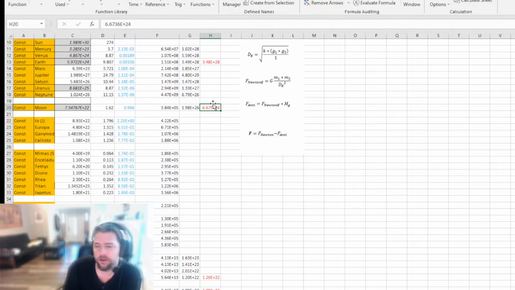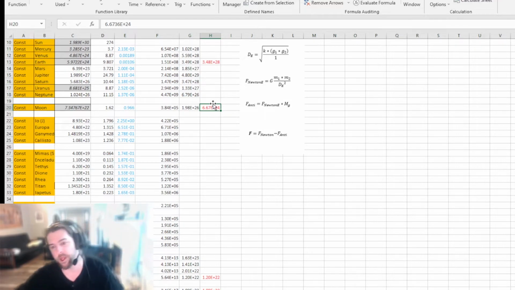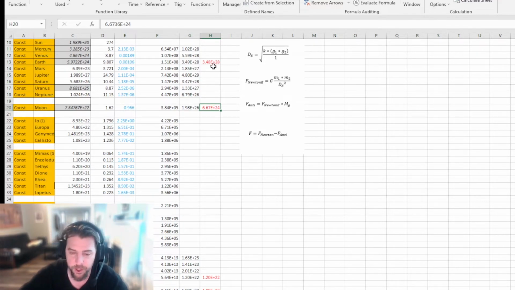I could easily do some MOND tricks, because my formula is so identical to Newton's. It's Coulomb's law essentially for planets.